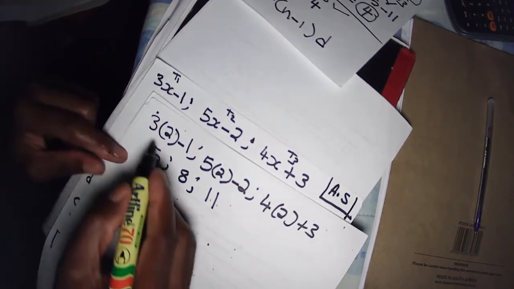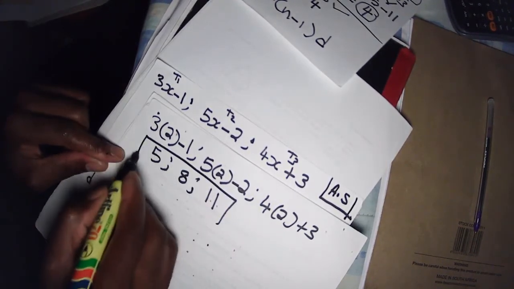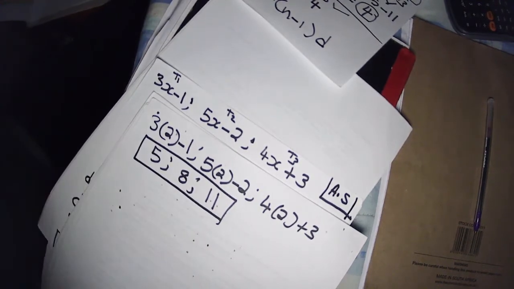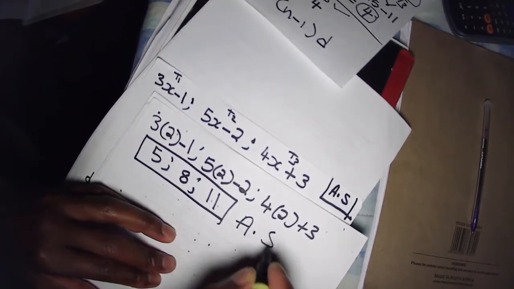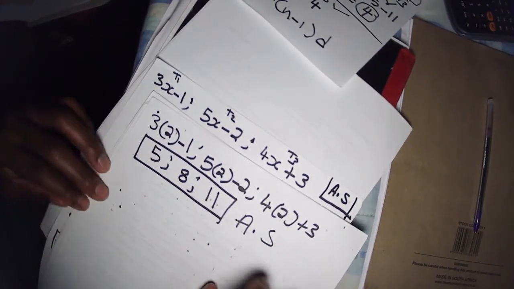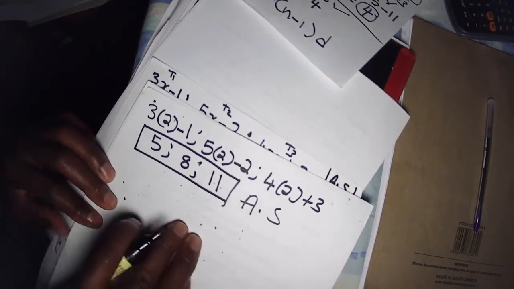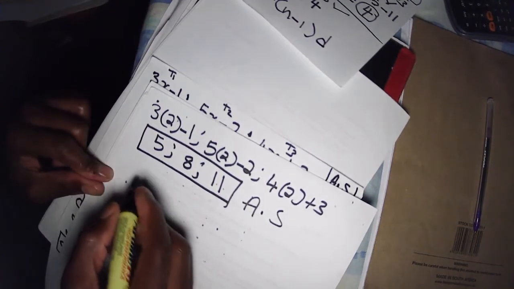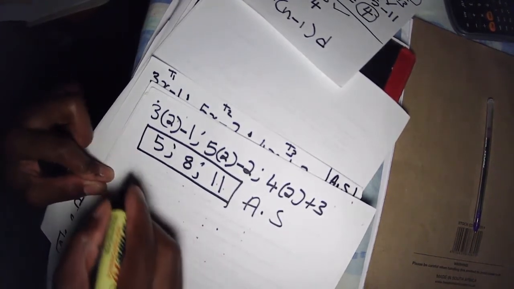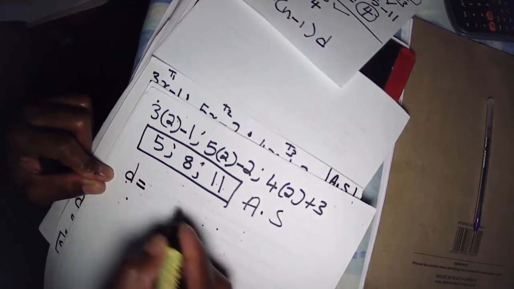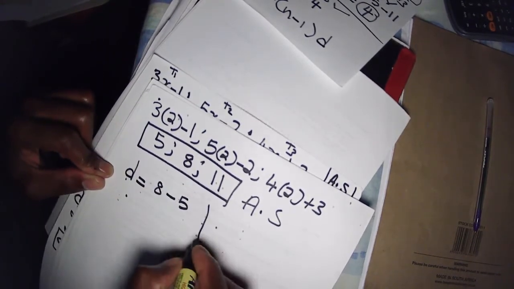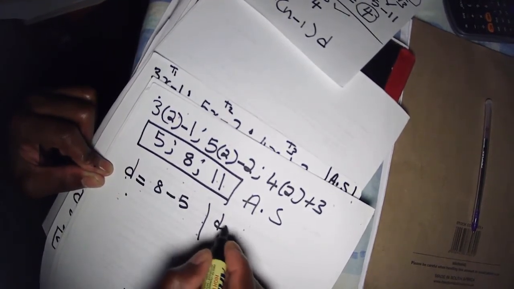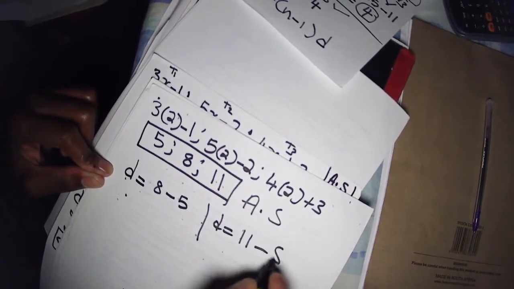So this is the arithmetic sequence. If you take this and get the common difference, that is 8 minus 5, or d is equal to 11 minus 8.